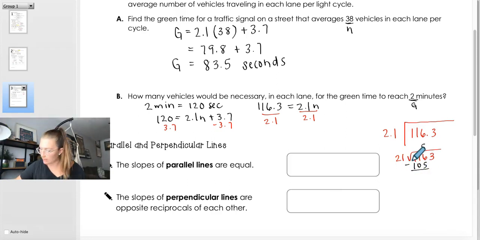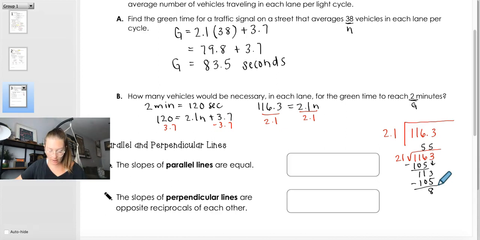So when I subtract this, I get 11. Then you bring down the next number. How many times would 21 go into 113? It would be 5 again, so my 5 is above this 3. We already know when we multiply that back, that's 105. We subtract again, and I get 8.